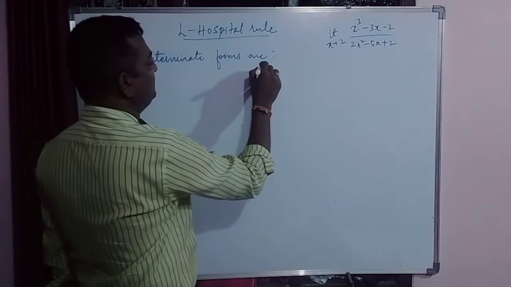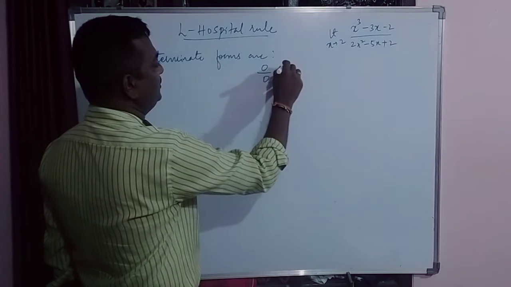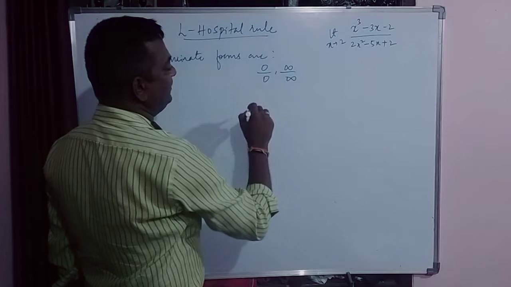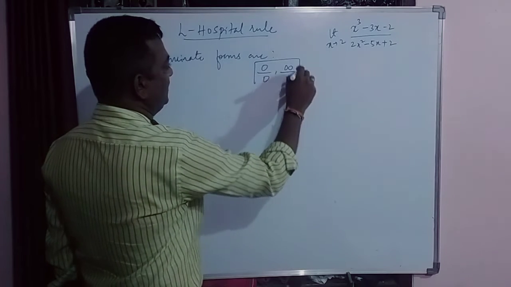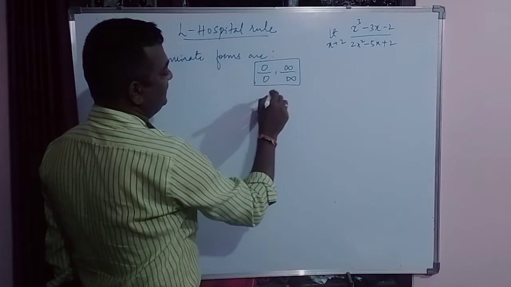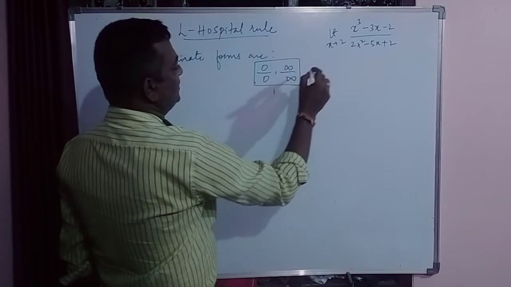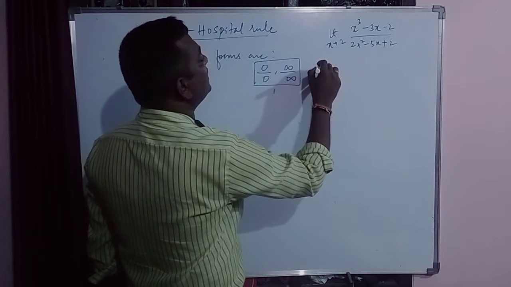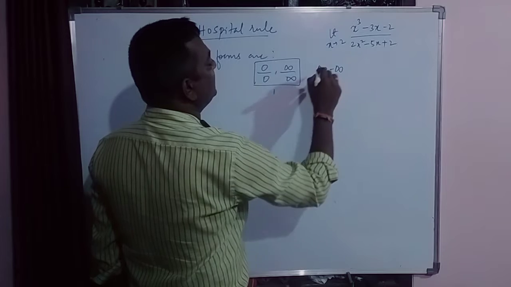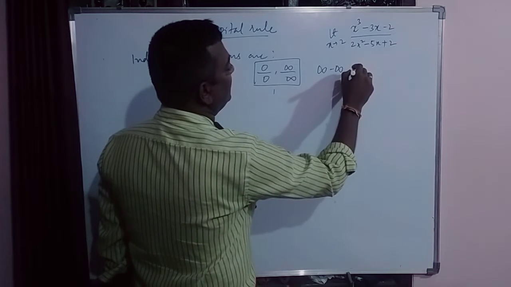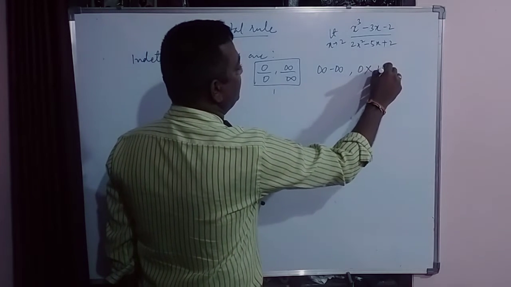First you must remember 0 by 0, infinity by infinity. These are coming under one group. Next, infinity minus infinity and 0 into infinity.